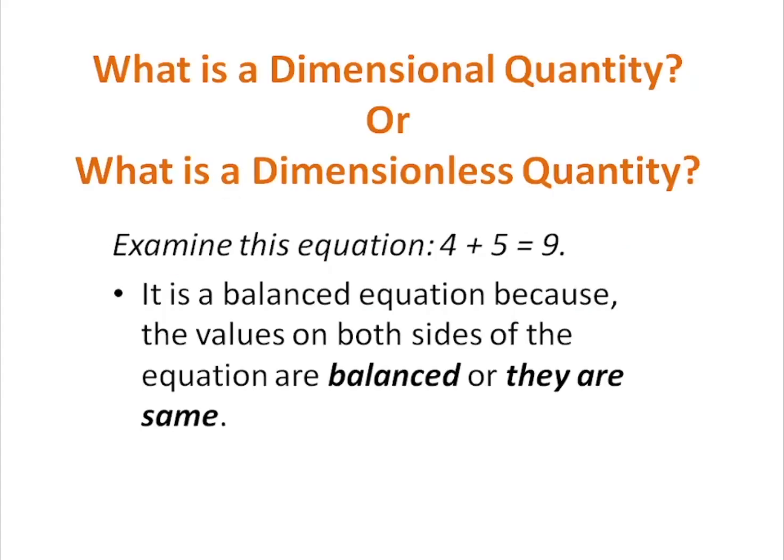What is a dimensional quantity, or what is a dimensionless quantity? Examine this equation. 4 plus 5 is equal to 9. You will observe that this is a balanced equation because the values on both sides of the equation are balanced, or they are the same.